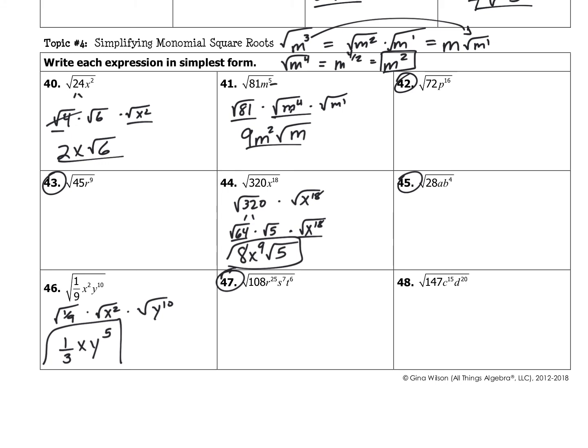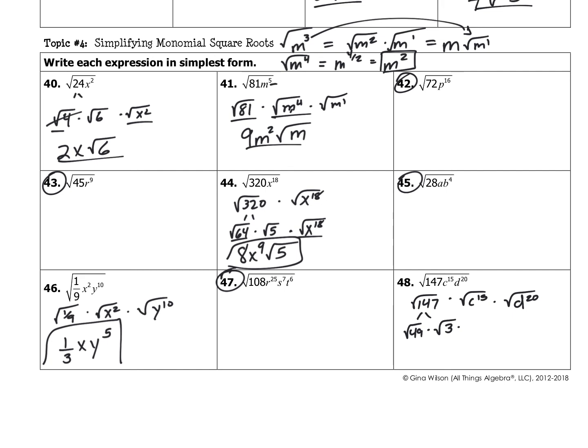147 can be broken up into factors of, actually, let's just break it all apart here. I'll start out with this, times the square root of c to the 15th, times the square root of d to the 20th. D to the 20th, I don't have to do anything to. The square root of 147 can be broken apart into the square root of 49 times the square root of 3.